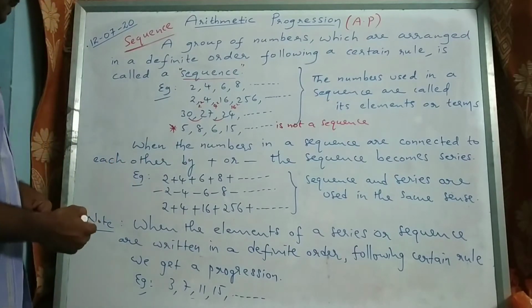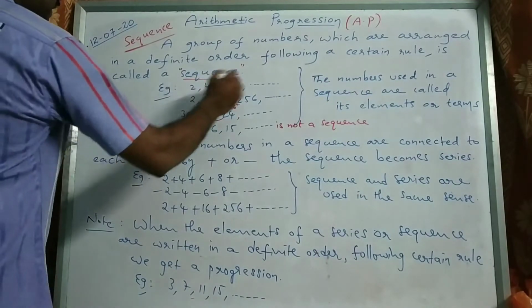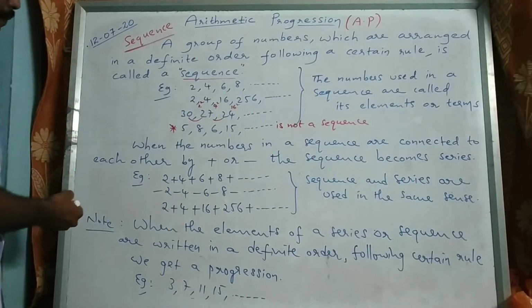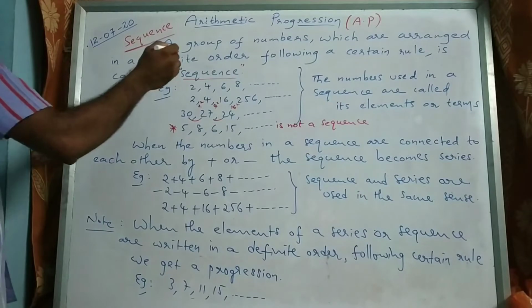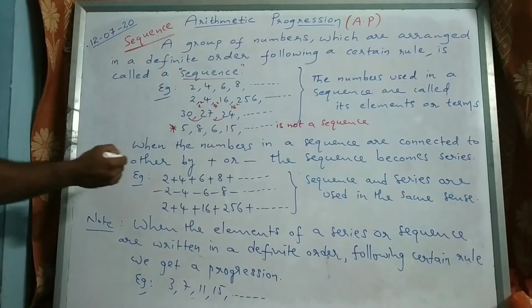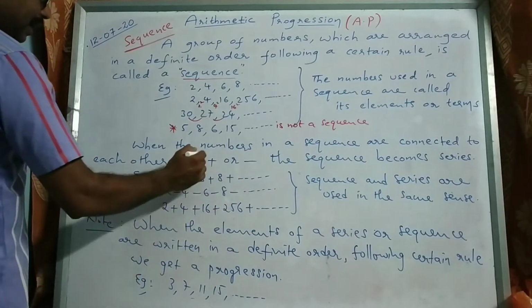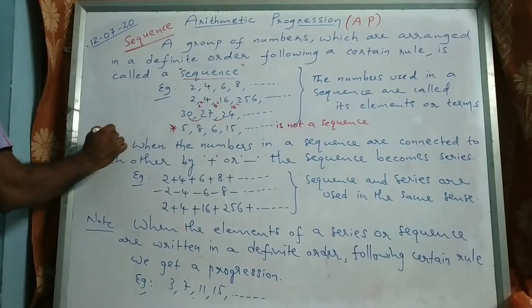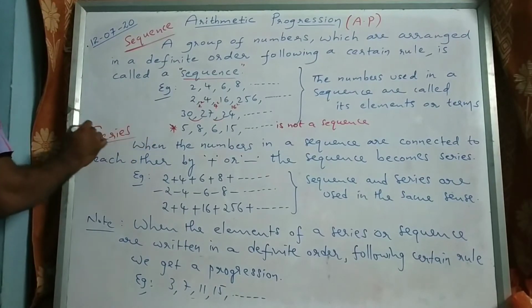Next, suppose one sequence is given and that sequence is connected with a plus symbol or minus symbol, that is called a series. Understood now?